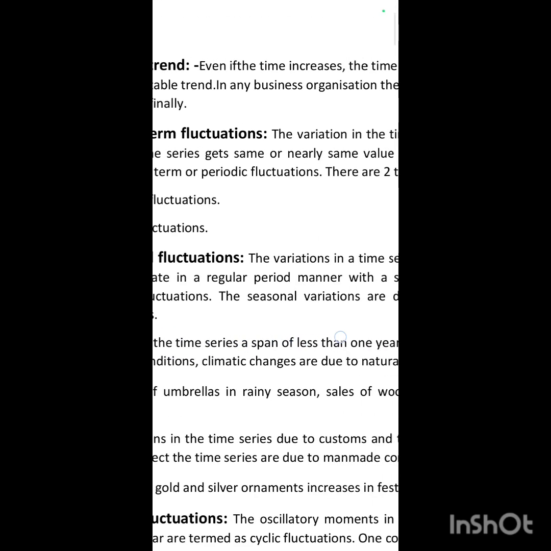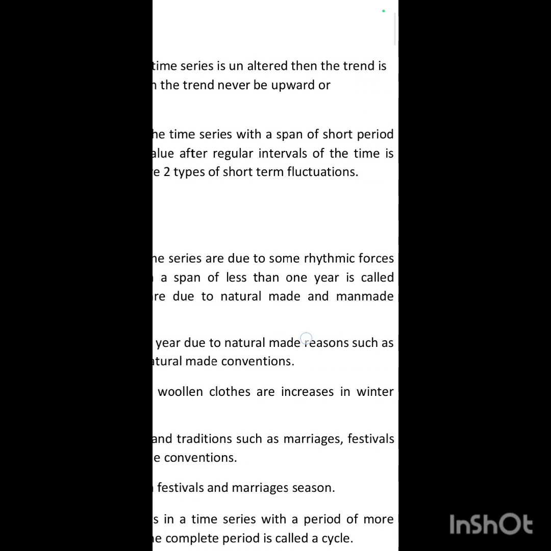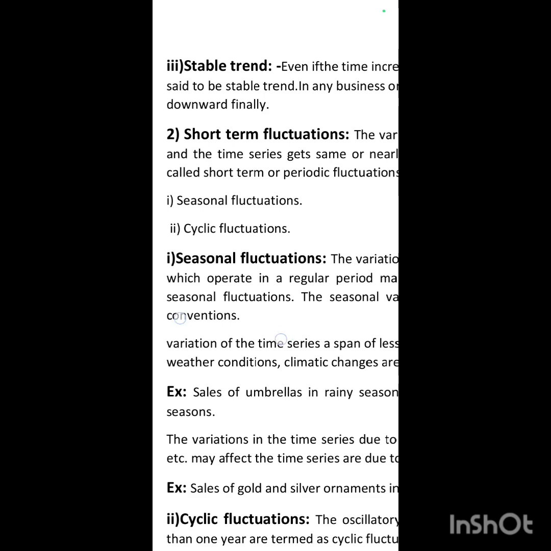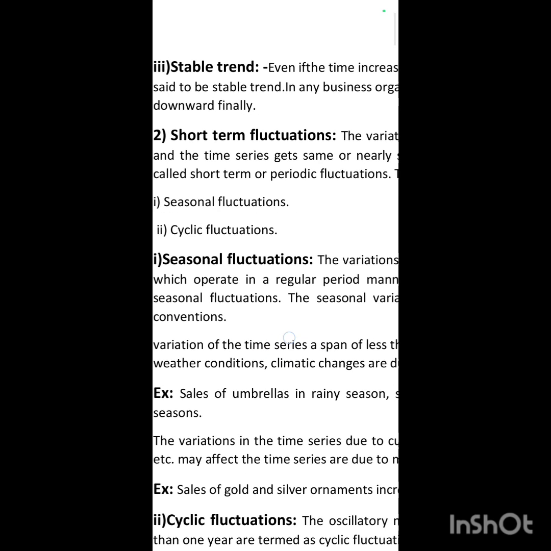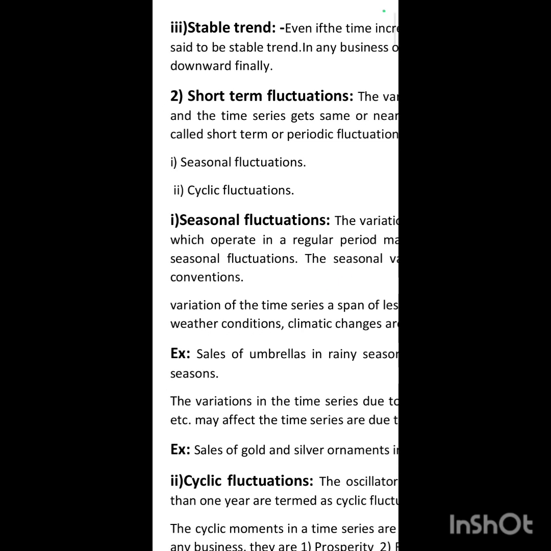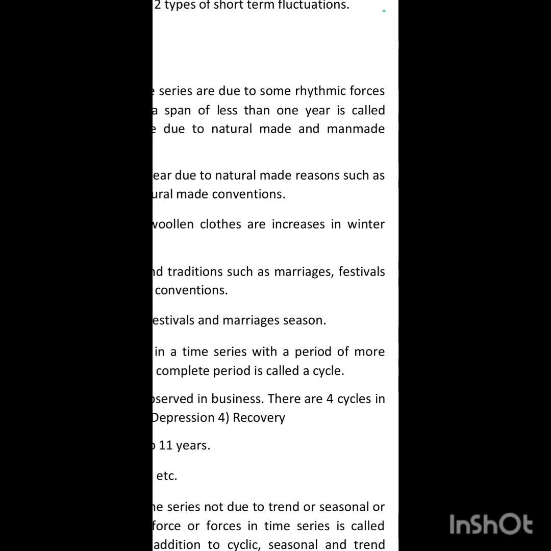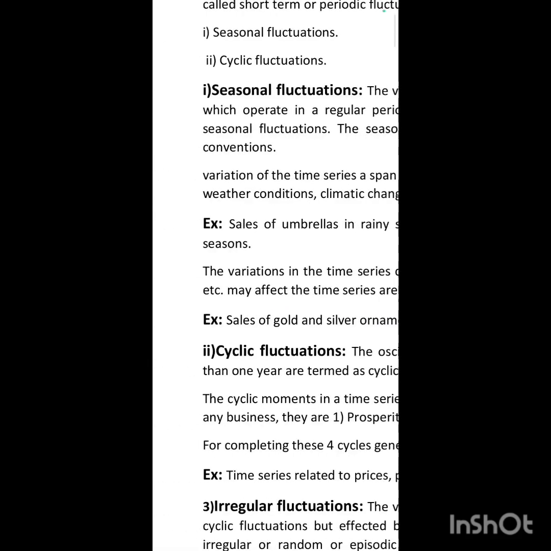So the variations in a time series that are due to some seasonal effect, we can call seasonal fluctuations in our time series data. These are the best examples of seasonal fluctuations: sales of umbrellas and also woolen cloths in the winter season.